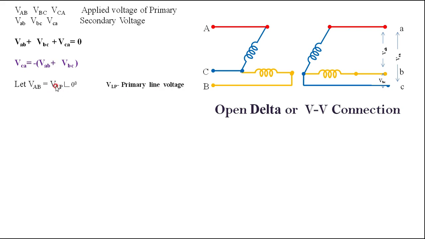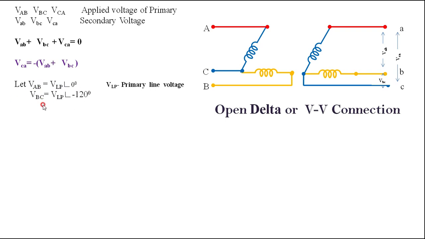I am writing VLP because the magnitudes of VAB, VBC, VCA are equal, but their phase displacement is 120 degree. VAB is taken as the reference. The magnitude remains the same, and I represent it as the line voltage of the primary, that is VLP at an angle of 0 degree.